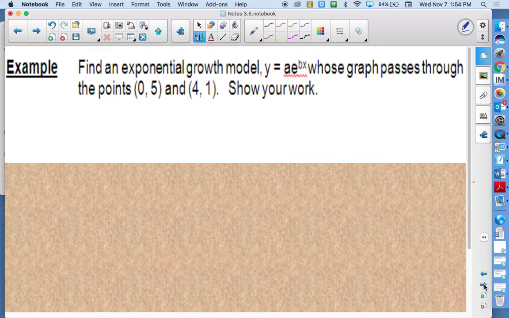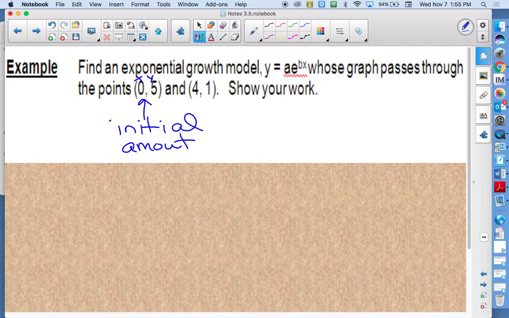So this is our initial amount. And she said to plug it in for A. And just to see why you're plugging it in for A, Virginia, the 0 and 5 represent which letters? Any point represents what letters? X and Y. So if you have the point (0,5), that really represents x and y.